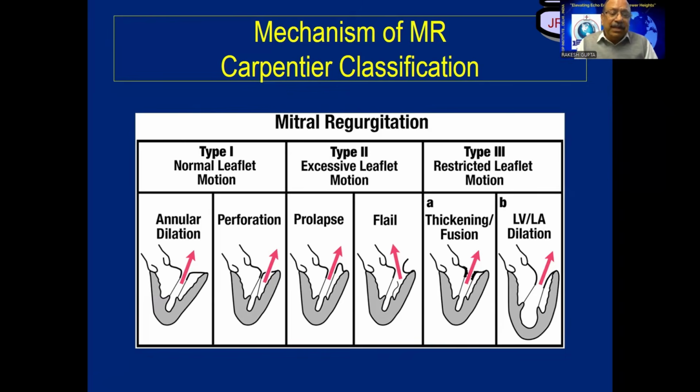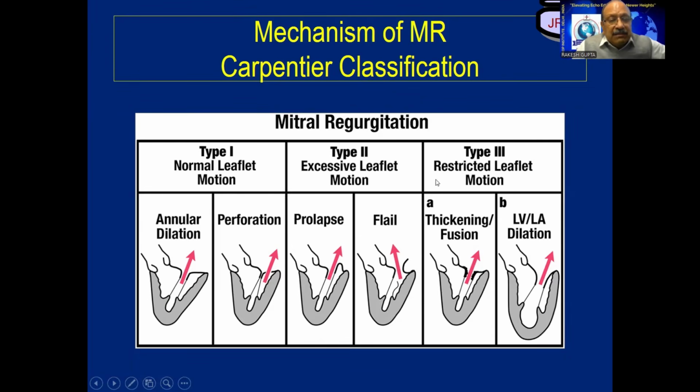Similarly, if you have atrial fibrillation, leaflets are normal, but the annulus gets dilated. So both the treatments are different. I'll say type 1 needs surgery, like perforation, needs immediate valve replacement. In atrial fibrillation, we are not going to do anything, just manage it.